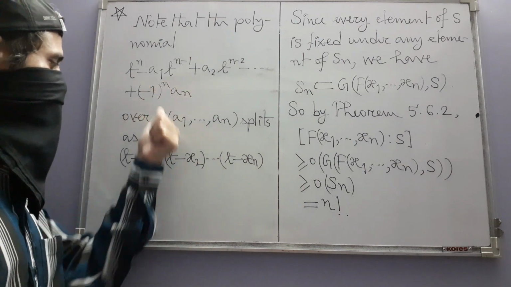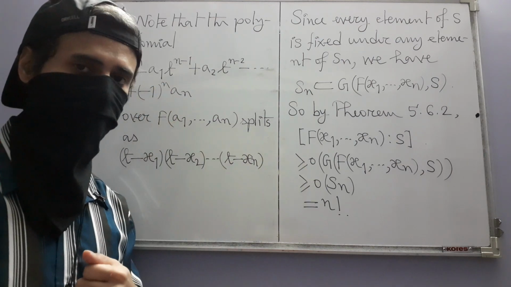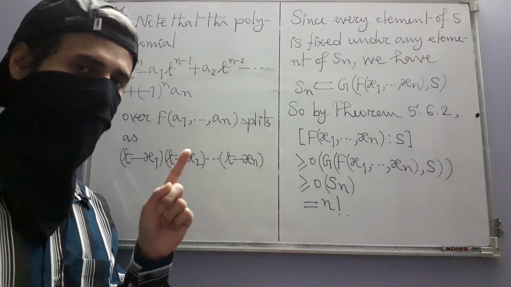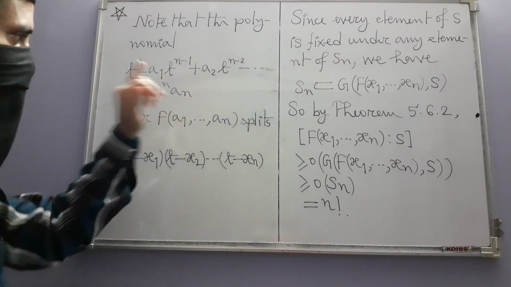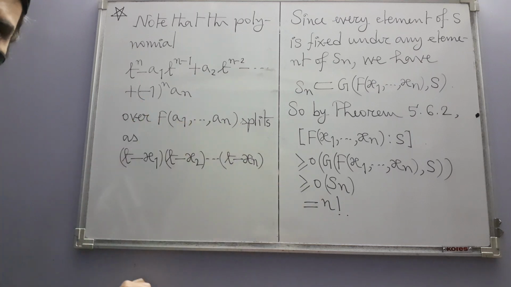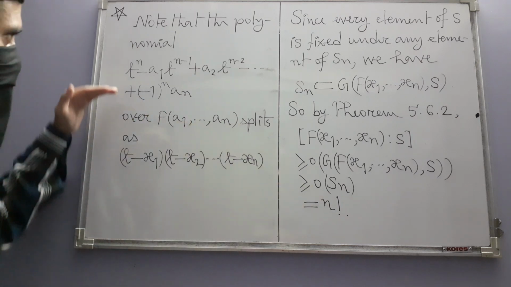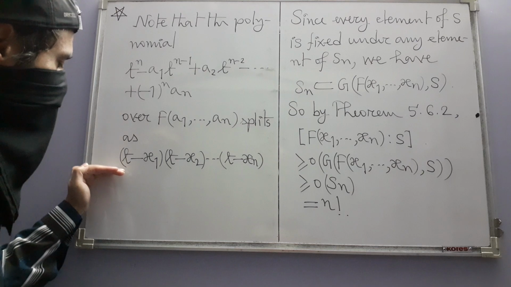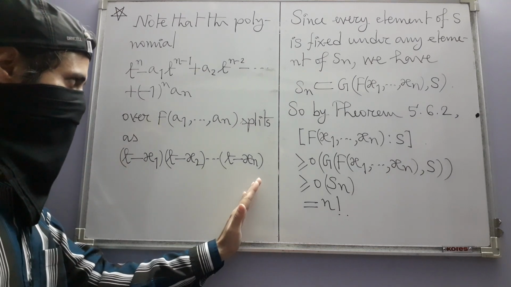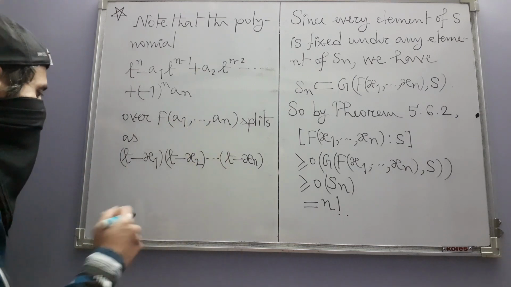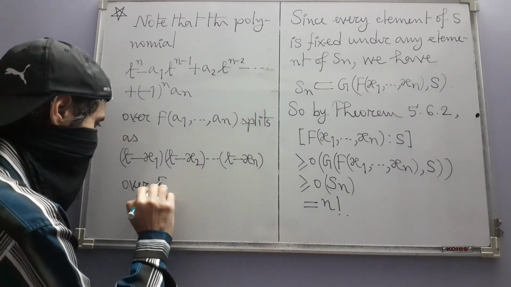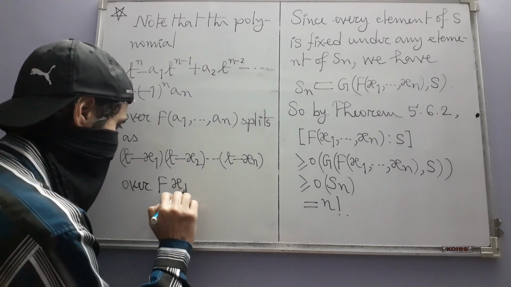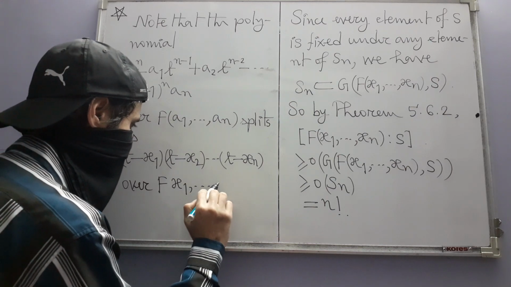So minus 1 to the power n and the product of all the xi's, which is the last elementary symmetric function, that is an, which is just the product of all the xi's. So that way this polynomial splits completely as a product of linear factors over what? Over this field, our main field.